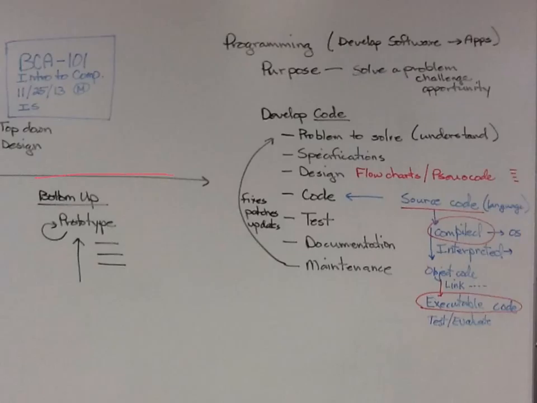In that development stage, we draw an arrow over here and we talk about programming. Develop software, create apps. Purpose, usually we are solving either, you might call it a problem, a challenge, an opportunity. We're going to look at a way to use software to do something better than the way we're currently doing it, whether we're currently using software or doing it some other way.